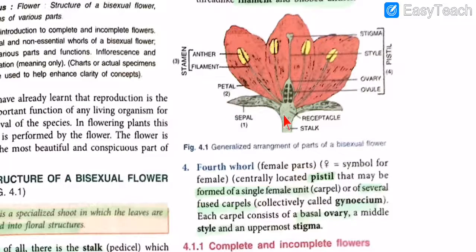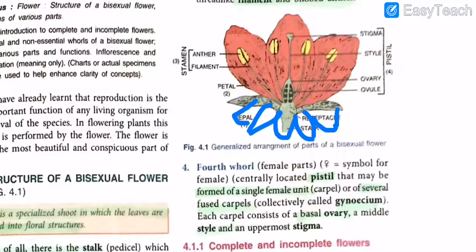A sepal can be free and opened like this, almost like leaves. Such sepals that are free and have space to breathe are called polysepalous. But what if these sepals are fused together? They're called gamosepalous. So sepals may be free or they can also be fused.